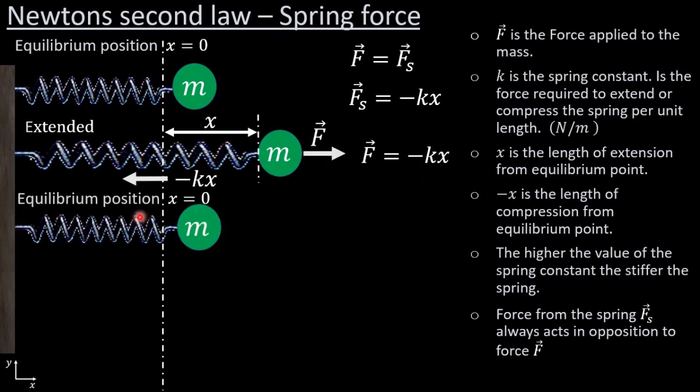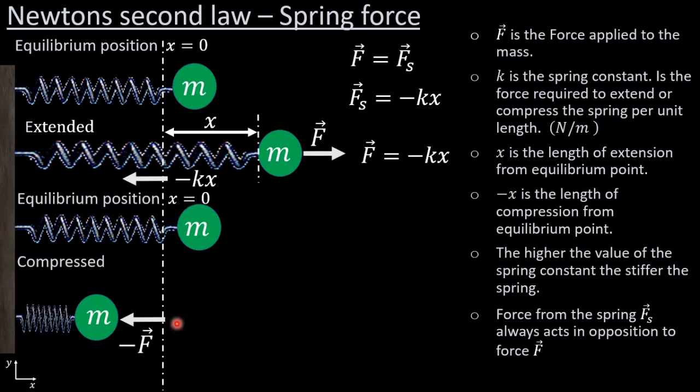So let's bring that back to its equilibrium position, x equals 0. This time we're going to apply a force in the opposite direction, minus F, to compress that spring by a length of minus x, and the spring is going to push back with a force of positive kx. Because the applied force is negative in this direction, the spring force is positive in the opposite direction. The force from the spring is always going to equal that force of compression.